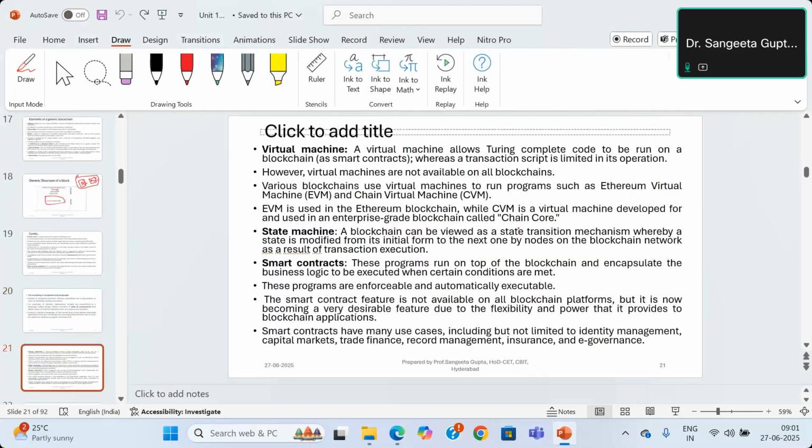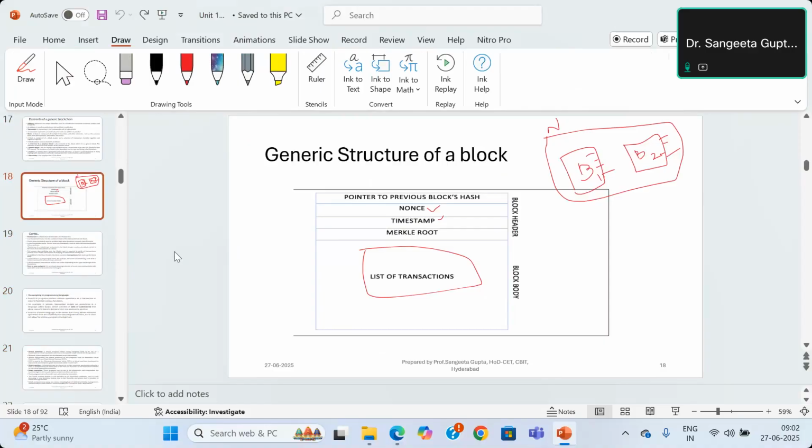But if we are using Ethereum, then we need to go with smart contracts. A smart contract is basically a program which runs on top of the blockchain. It is written in such a way that the conditions are automatically executed upon satisfaction of a particular action. Usually it is said to be a very desirable feature, and it is not restricted to one particular application, but it can be built for various such applications.